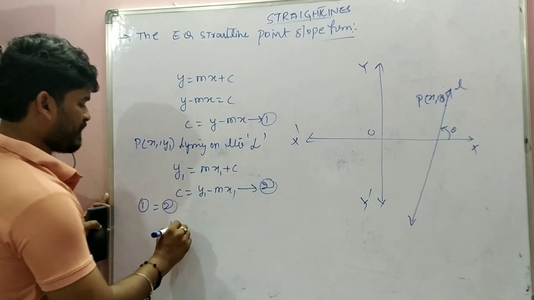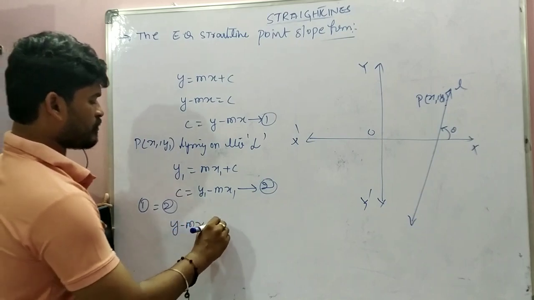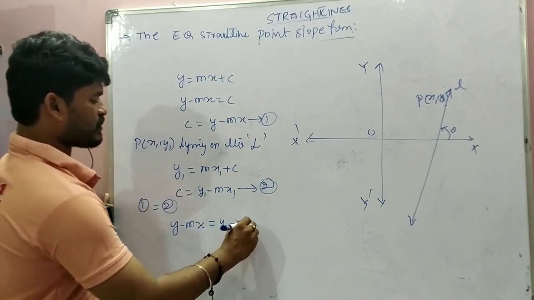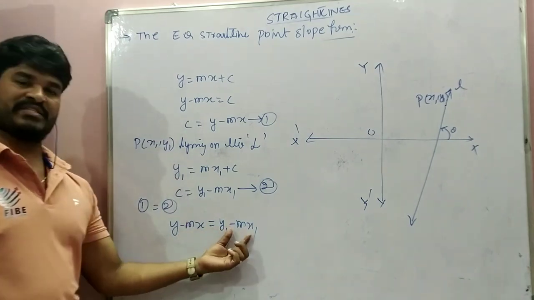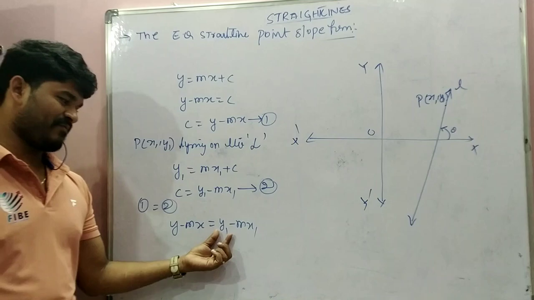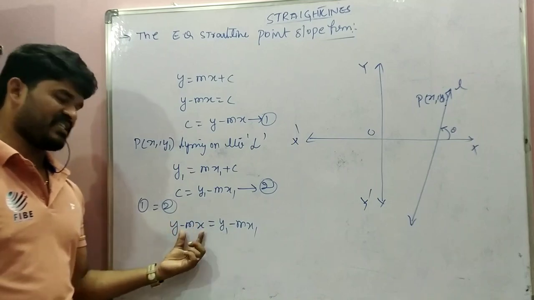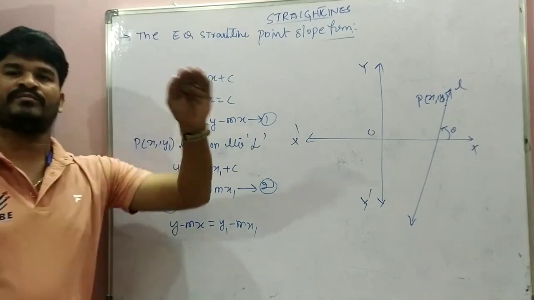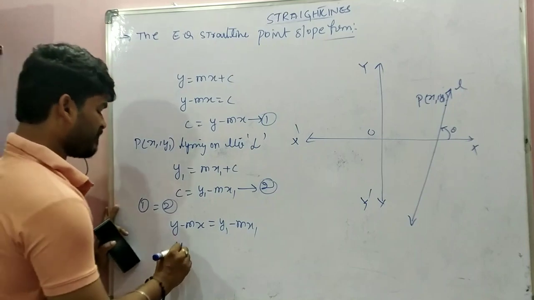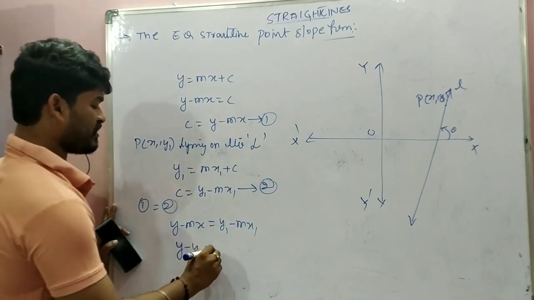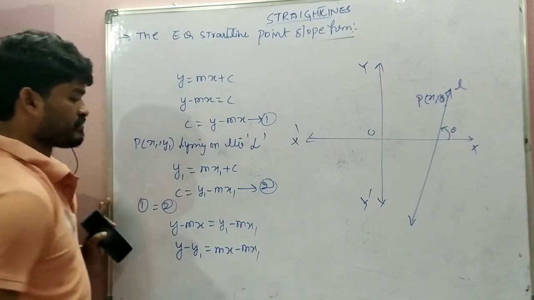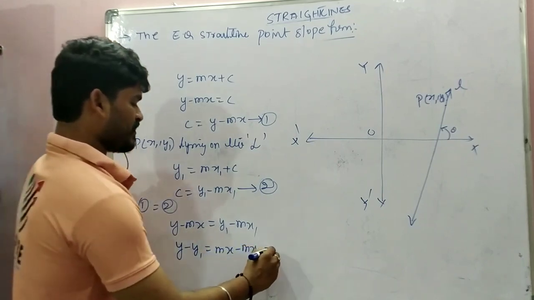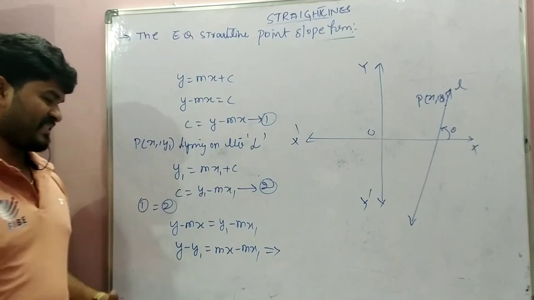Equating equation 1 and equation 2, y - mx = y1 - mx1. Transposing y1 to the left side and mx to the right side, we get y - y1 = mx - mx1. On the left side, y - y1 stays as it is.